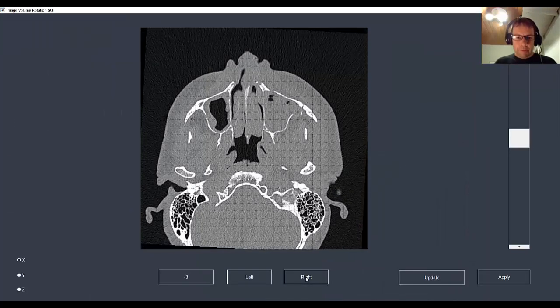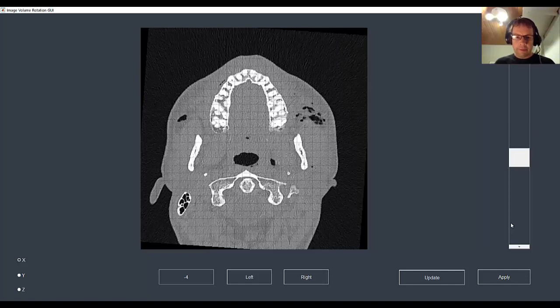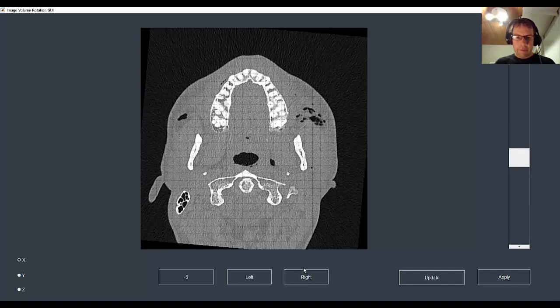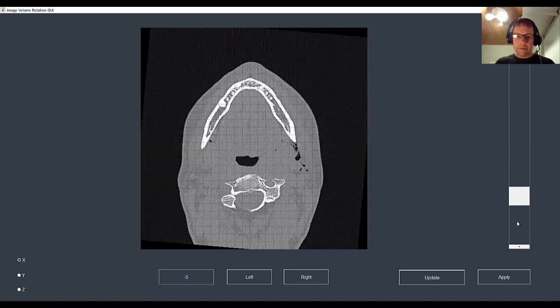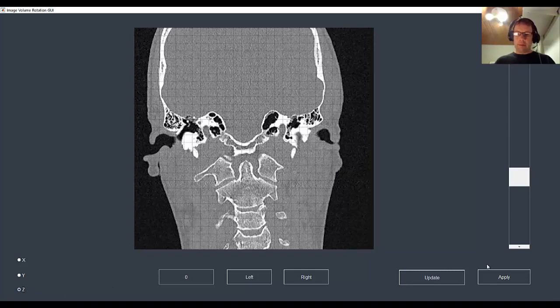So we rotate a bit right, something like this. Slightly more, to get this straight. I can see it on the coronal view.